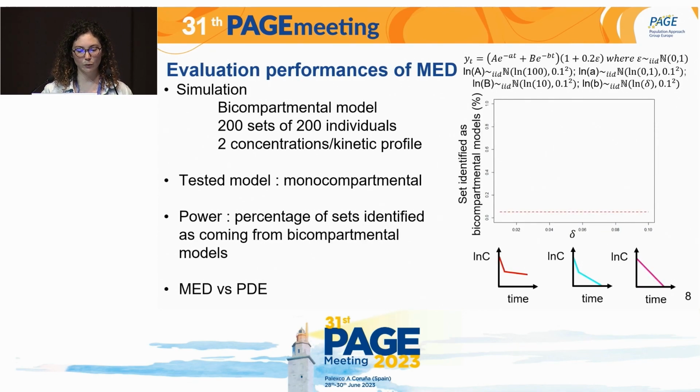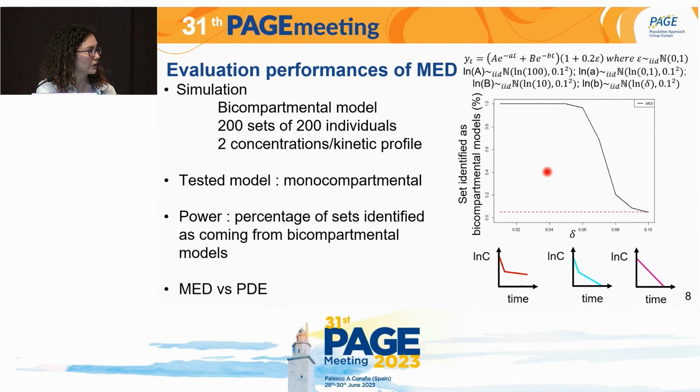I have represented here on the y-axis the percentage of sets identified as coming from a bicompartmental model, and on the x-axis the different bicompartmental kinetics, from the most bicompartmental here to the least, so the monocompartmental kinetics. And here I have added the result provided by the MED, and you can see that the MED allowed to detect that the sets came from bicompartmental models.